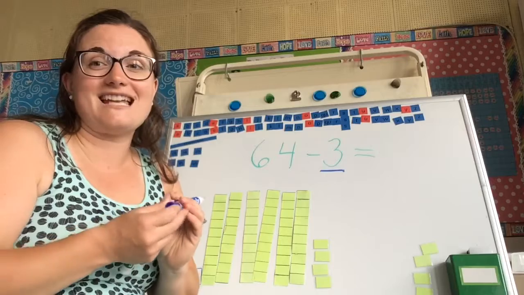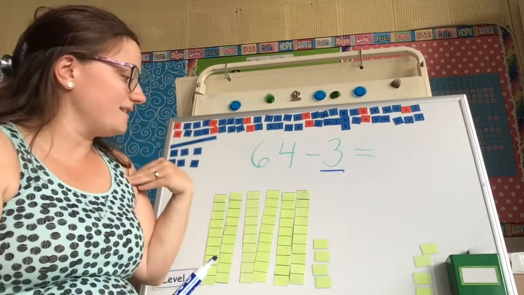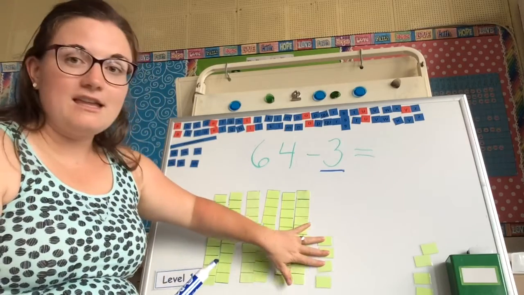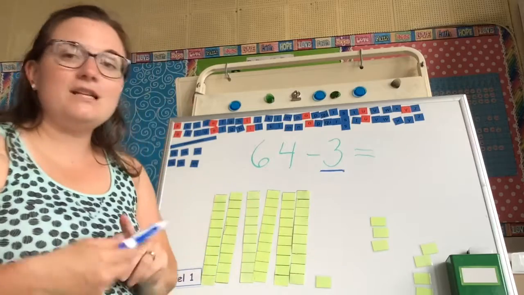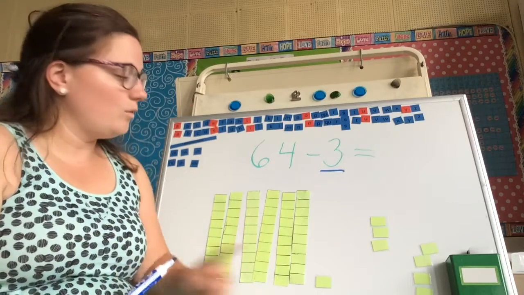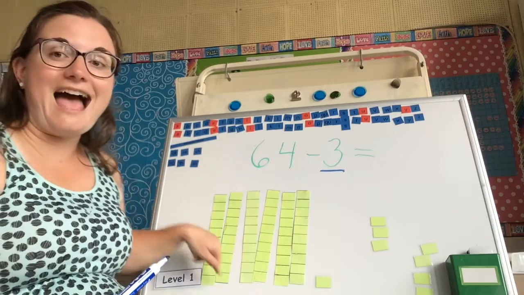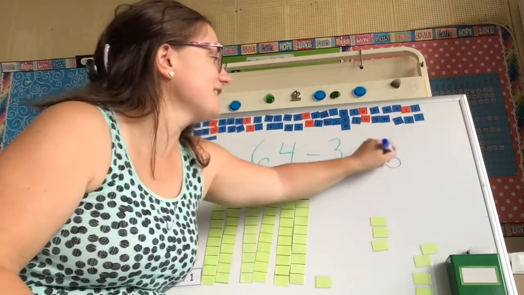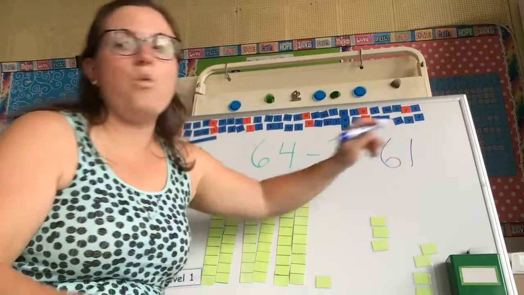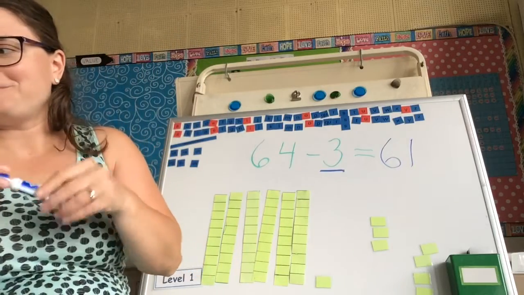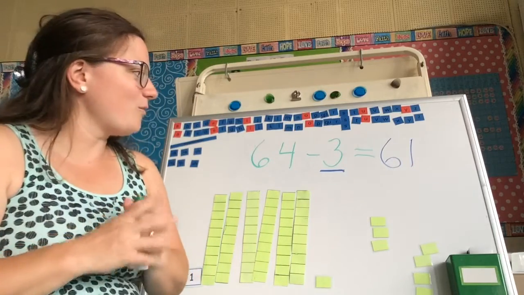Those are ones, not tens, so 3 ones. So if I take away 3 ones, how many do I have left? Well, I have just 1 one, and my tens never change. So I still have 6 tens, and I have 1 one. Okay? Do you see how that works?